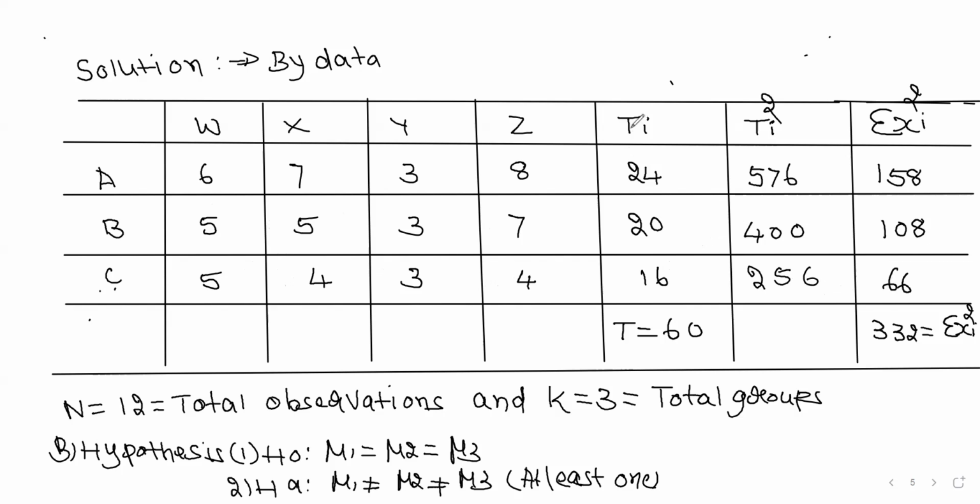Now you can add the Ti column here: 24 plus 20 plus 16 is 60. This is the sum of all the observations, equal to 60. And similarly here, you can add Xi square: 158 plus 108 plus 66 is 332. This is the summation of Xi square.